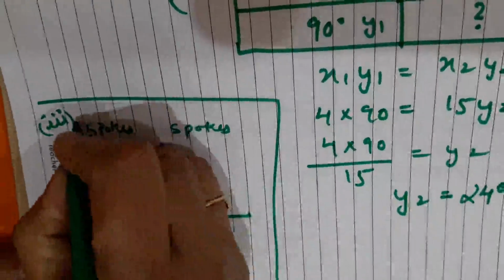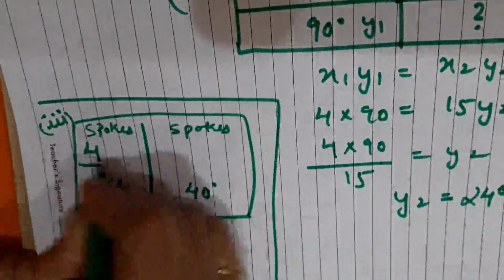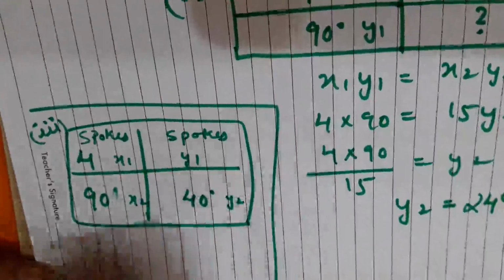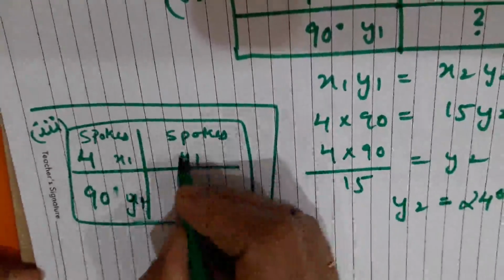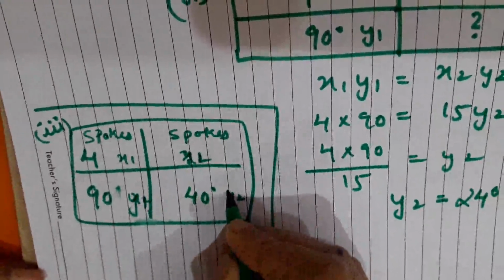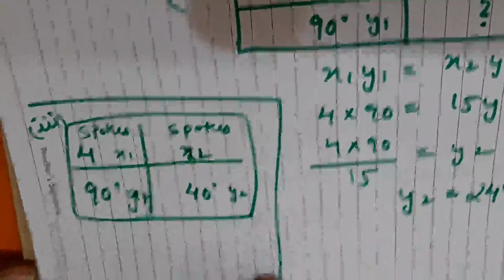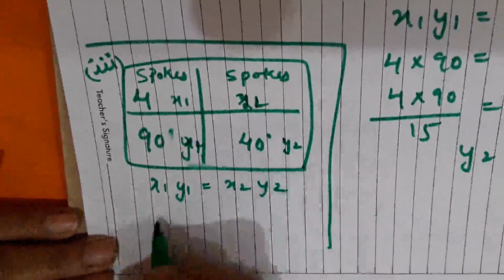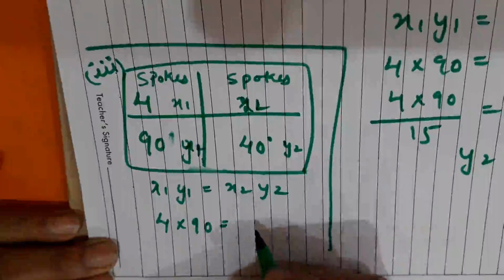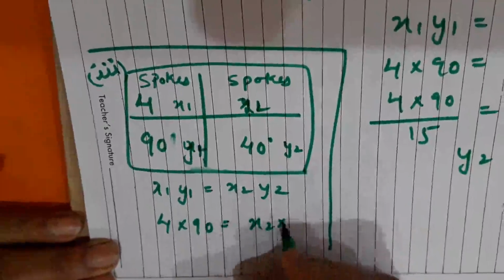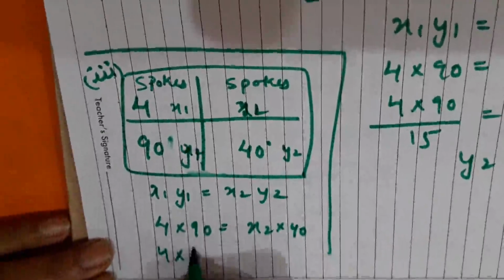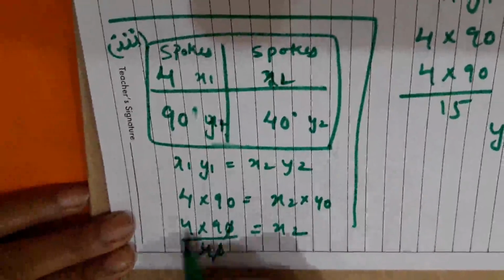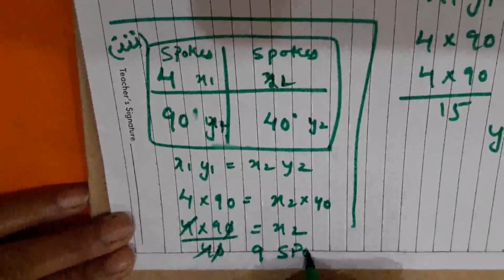So again with the help of this table we can find these: x1 y1 x2 y2. So 4 into 90 equals x2 into 40, which gives x2 equal to 4 into 90 upon 40. So it will give you 9. So 9 spokes will be your answer.